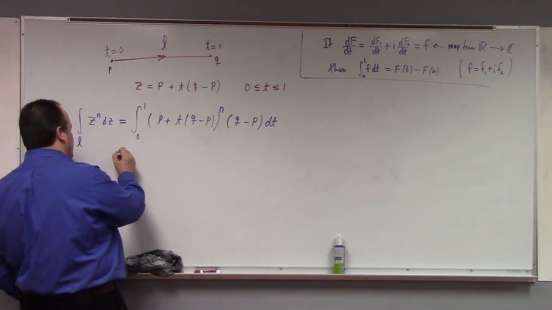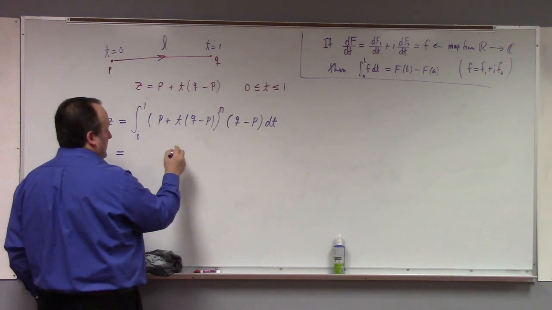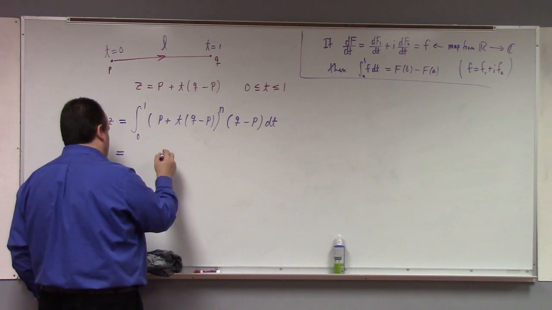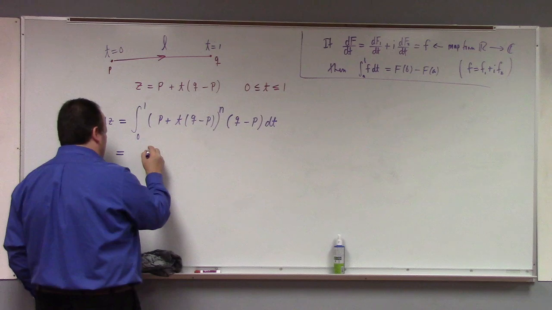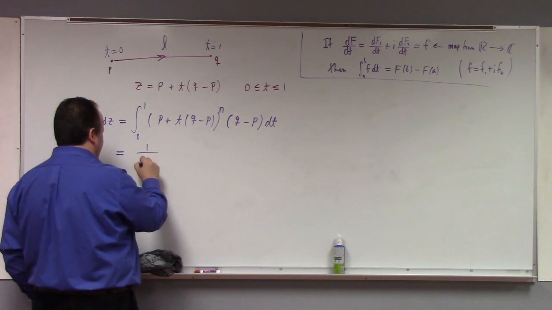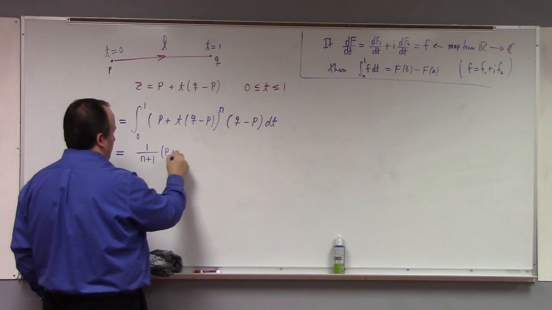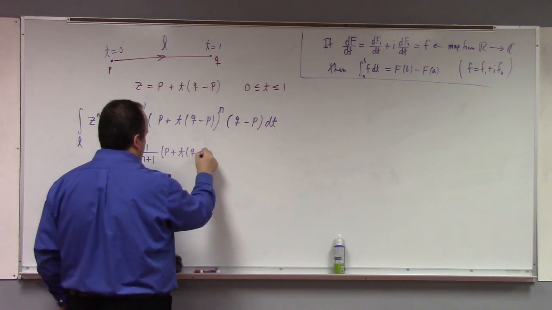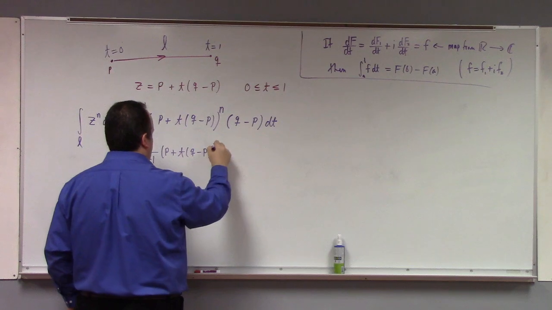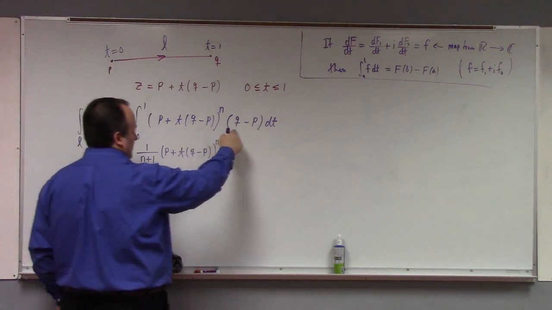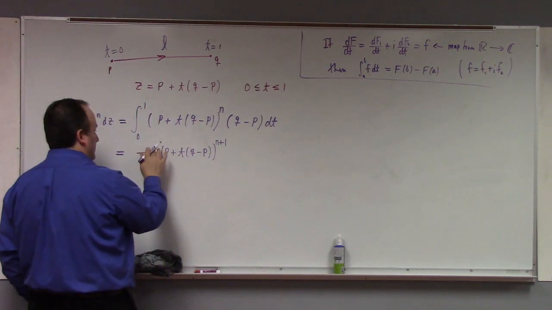So this is still, sorry guys, 1 over n plus 1 times (P plus t times Q minus P) to the n plus 1.